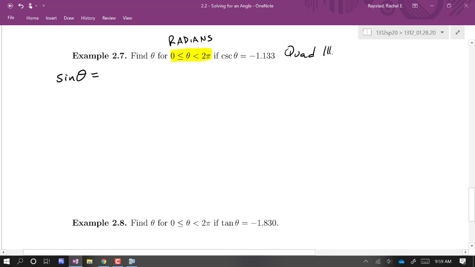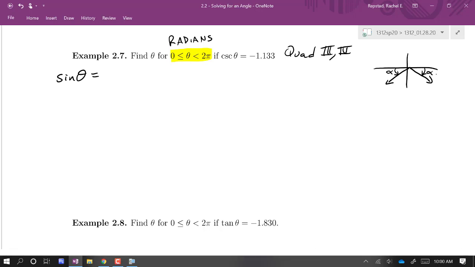Yeah. It's in the bottom quadrants. So when we find alpha, we're going to go alpha degrees down from the 180, alpha degrees down from the 360. Or radians.